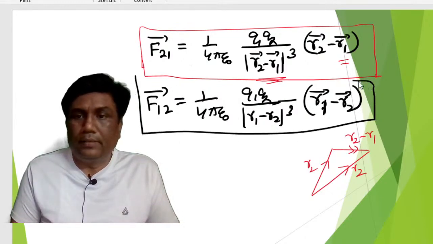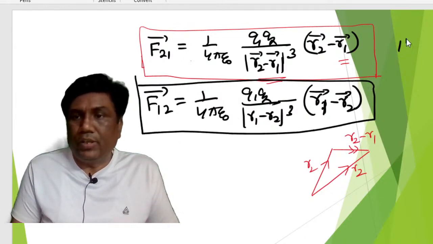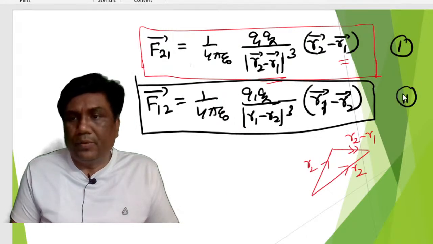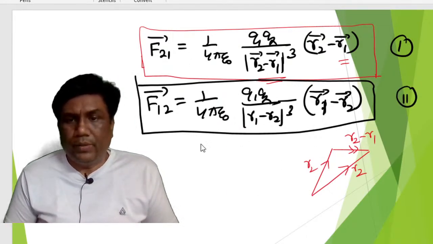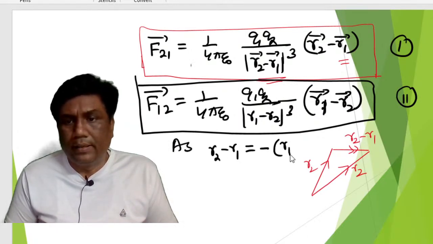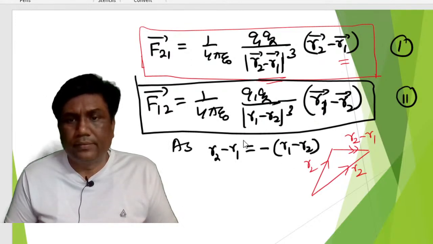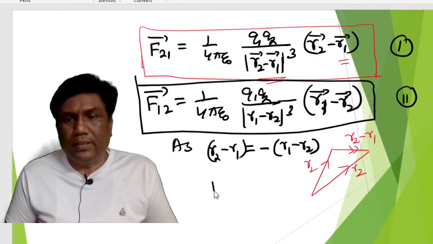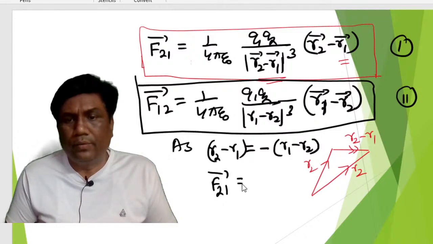Say this is equation number 1, this is equation number 2. So you can understand that R2 minus R1 equals negative of R1 minus R2, no? So it means you can prove that F21 equals minus F12.